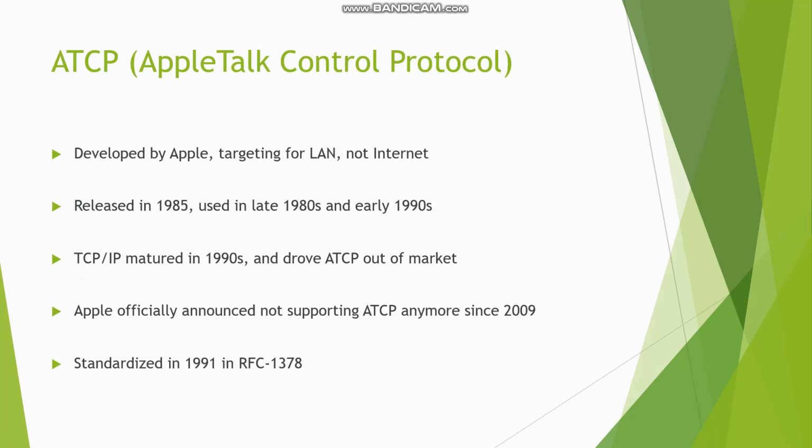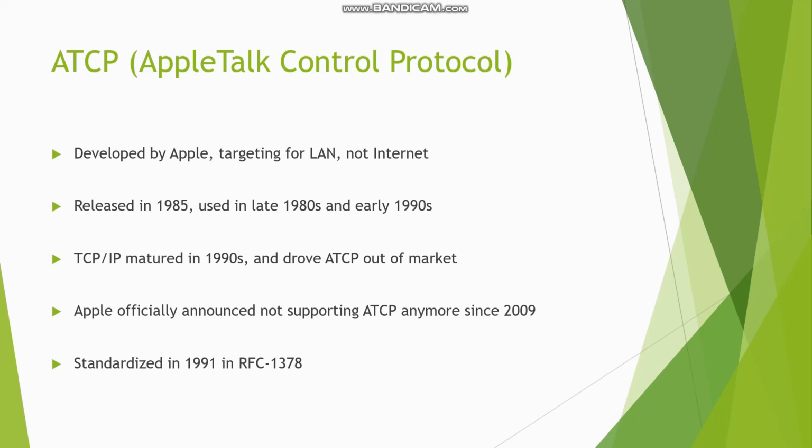There are also a few protocols that have completely different implementations than TCP or UDP. ATCP, or the AppleTalk Control Protocol, was developed by Apple Inc. and designed specifically for Macintosh OS. It was originally released in 1985 and was mainly used by Apple devices in the late 1980s and early 1990s.